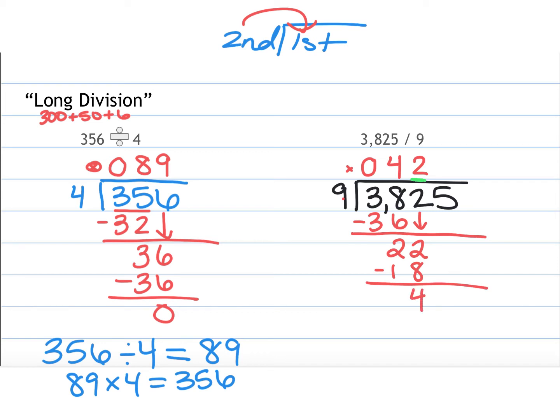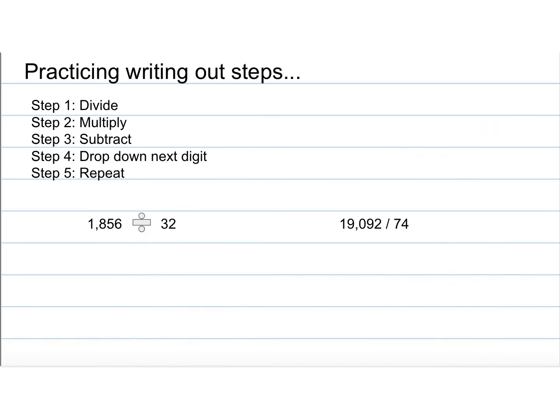There are 4 left over, and that's 4 tens in that spot. Then I bring down my next digit because that's where I am. And I know that 9 goes into 45 5 times exactly. No remainders. So those are whole numbers. With that, my answer would be 425. So if this was ringing a bell to you, maybe practice out writing steps.